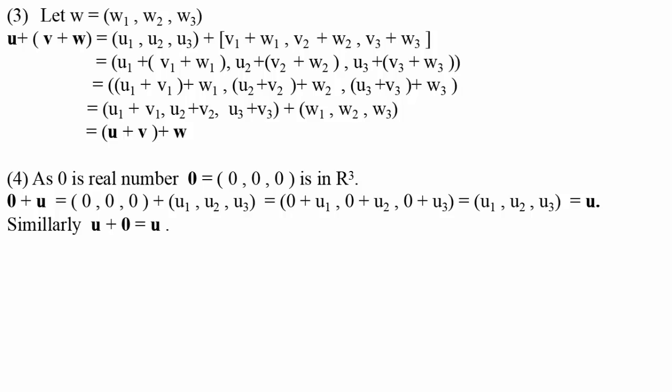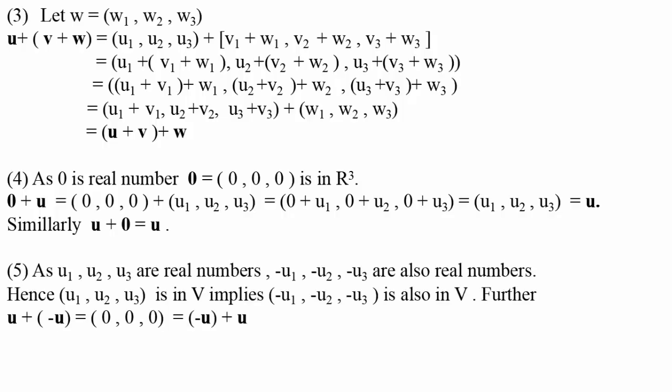Similarly, we can show that u plus 0 is also u, and hence 0 equal to (0, 0, 0) is the additive identity in R cube. Fourth axiom is satisfied. Fifth axiom, existence of additive inverse. Let u1, u2, u3 be any three real numbers, and in the set of real numbers we know that for every real number there exists its negative.